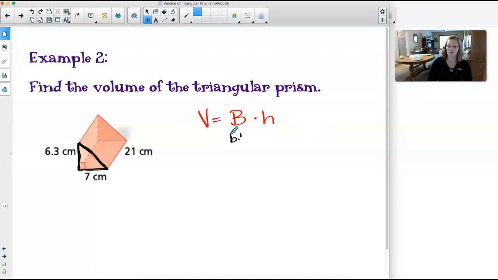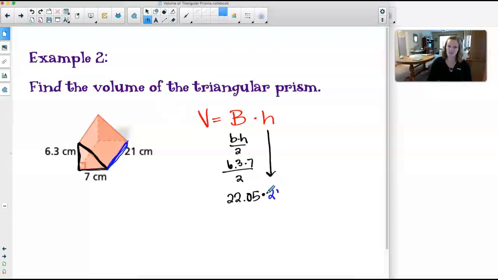So we need to do base times height divided by 2. 6.3 times 7 divided by 2. I need to use my calculator for that. Ends up being 22.05. Don't round until the very end. Then we're going to multiply that by the height of the prism. Now the height of the prism is the distance between the two bases.